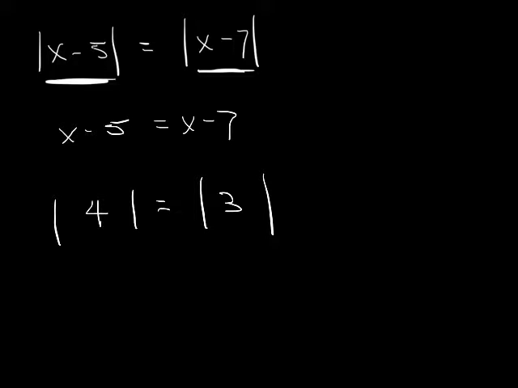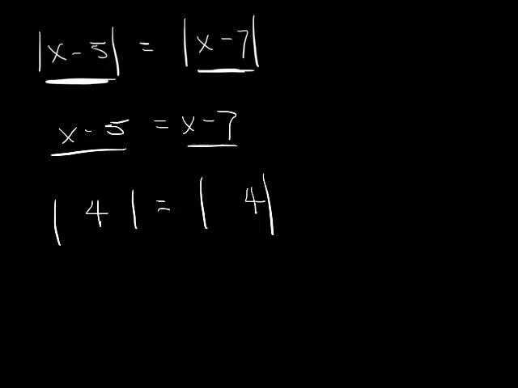What if the value in here was negative 4? Is that possible? Yeah, it is. So really, x minus 5 equals x minus 7 is possible, because that's like saying that the absolute value of 4 equals the absolute value of 4.